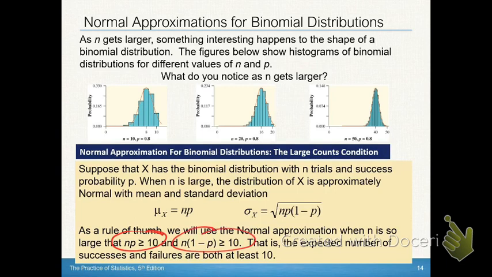So we would calculate that by doing the number of trials times the probability of success, n times p, and as long as that's greater than or equal to 10, along with the number of failures, so the number of trials times the probability of failure, as long as that's also greater than or equal to 10, then we can use our normal distribution.